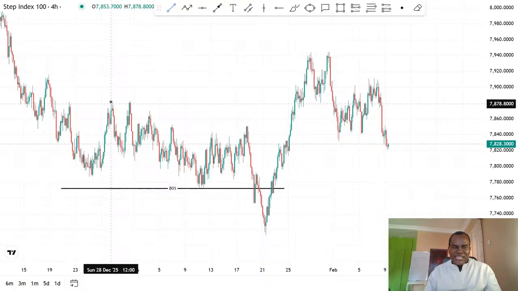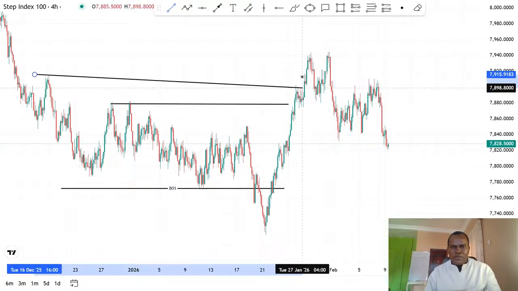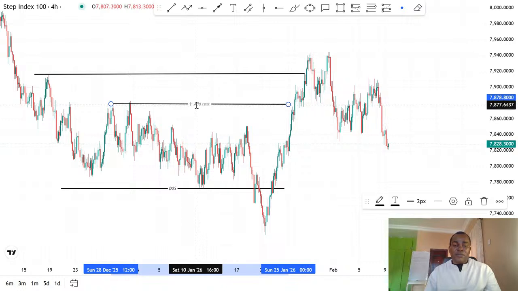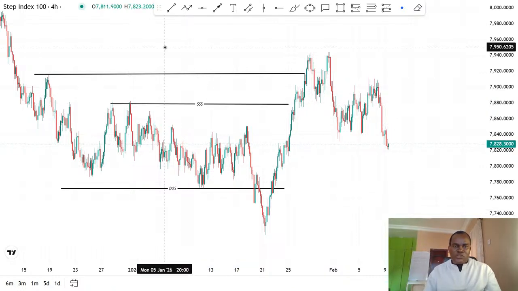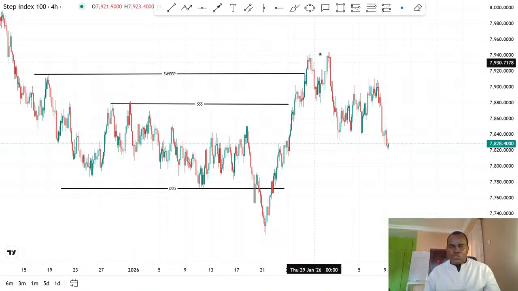I have this internal high here, to be taken out, then I have this other high here. All right, so I have this as inducement, it's been taken out, and I have this also as a sweep too. This high also was swept.